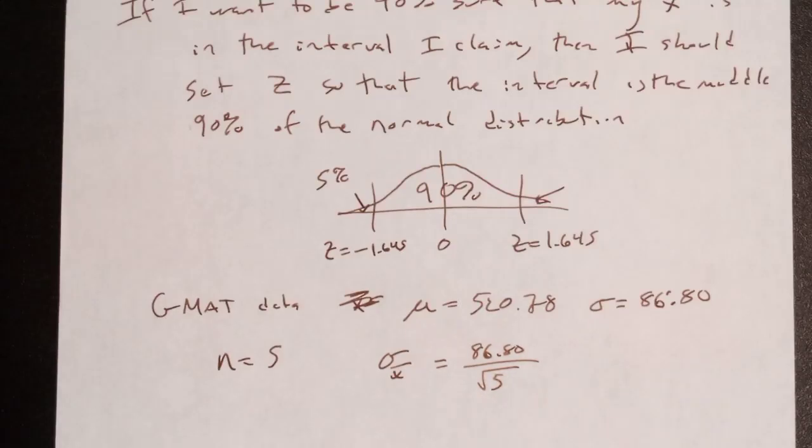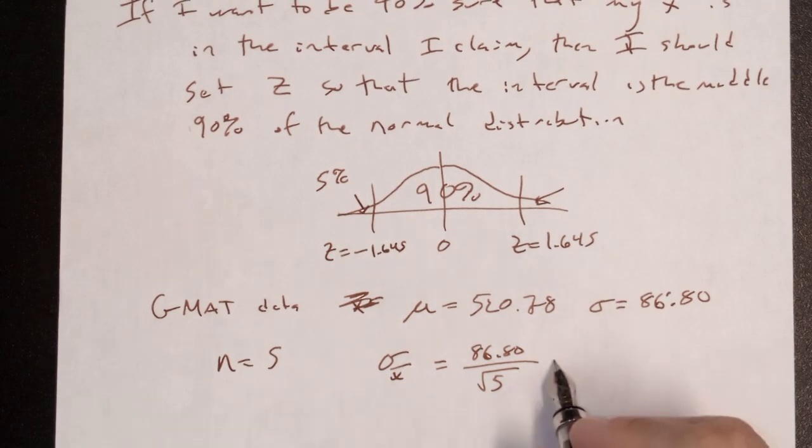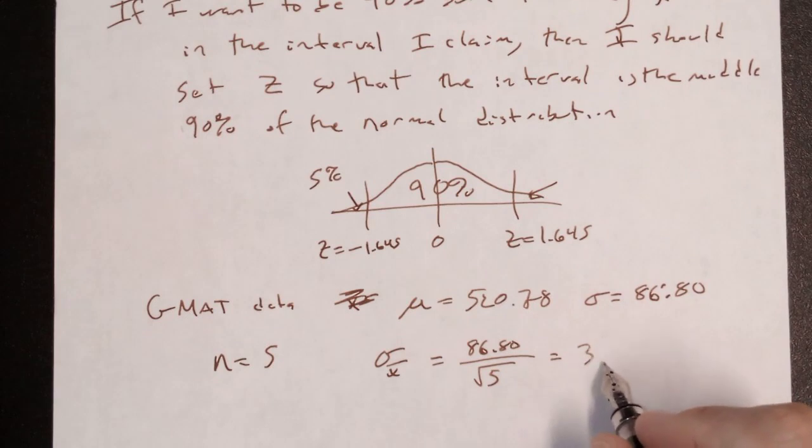Grab your calculators, give me a number. Give me one more decimal place. That way I'm at 2 decimal places for everything.